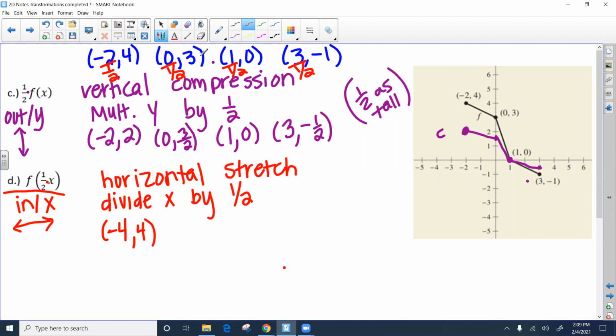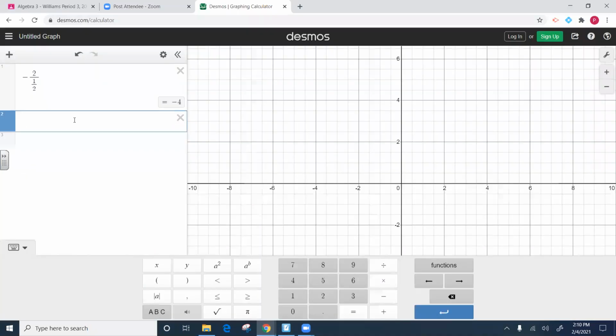The next point, 0 divided by a half is still just 0. So that point stays 0, 3. This next point, 1 divided by a half. If you're not sure, use a calculator. 1 divided by 1/2 is 2.